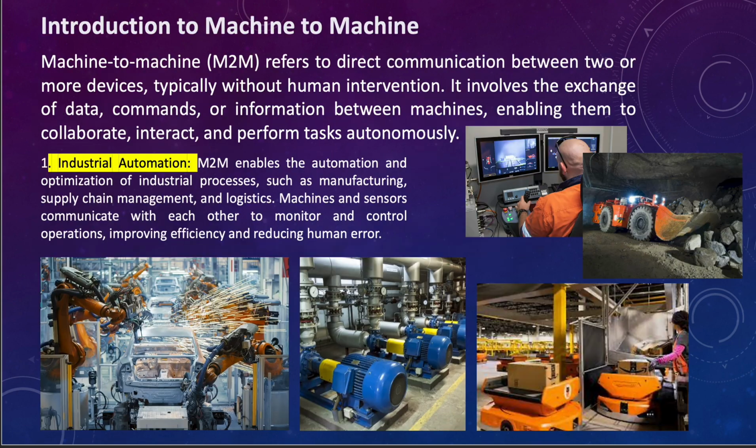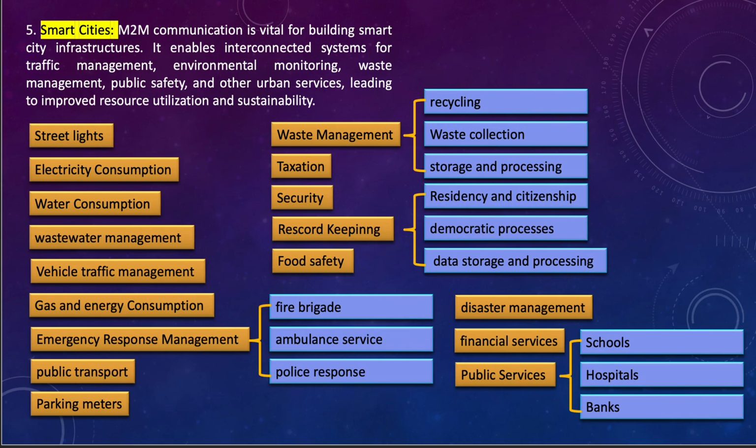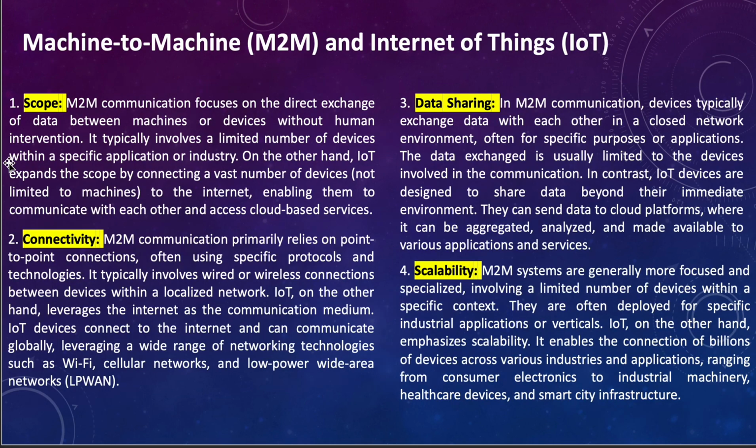Then we talked about M2M, and today how M2M has turned into IoT itself. And we talked about multiple scenarios where M2M is applied, or IoT, in today's terms, is applied. Then we looked at the difference between machine to machine and Internet of Things.